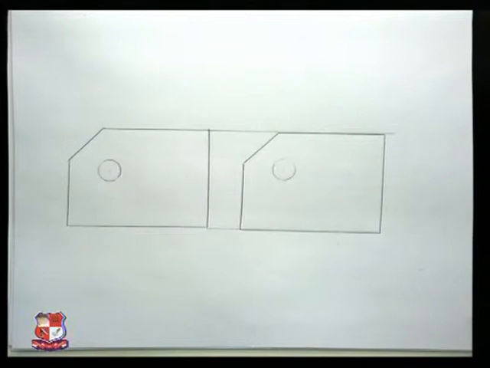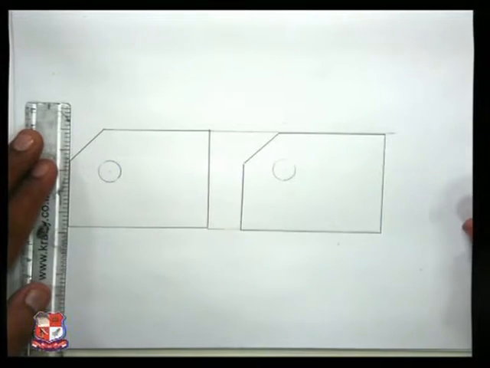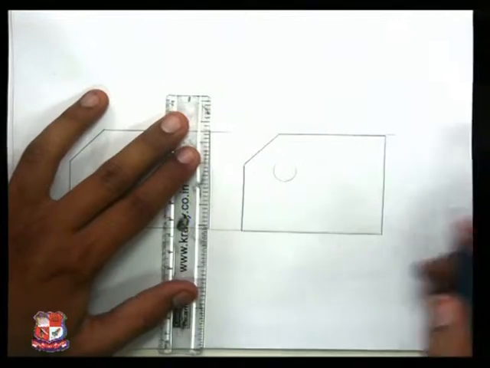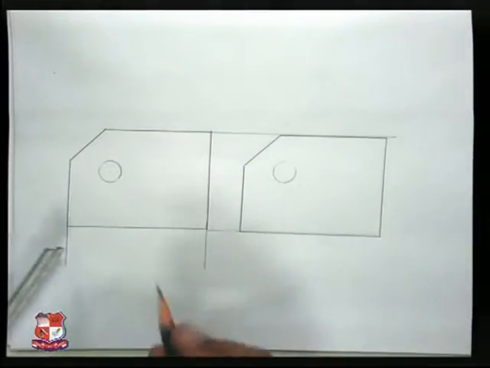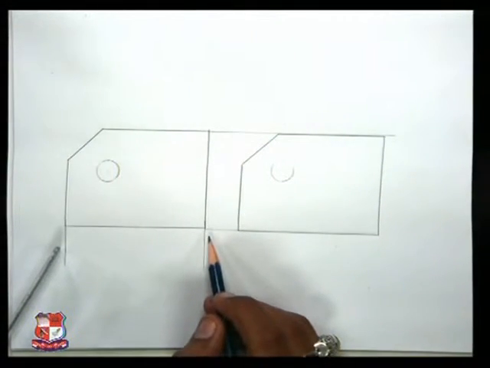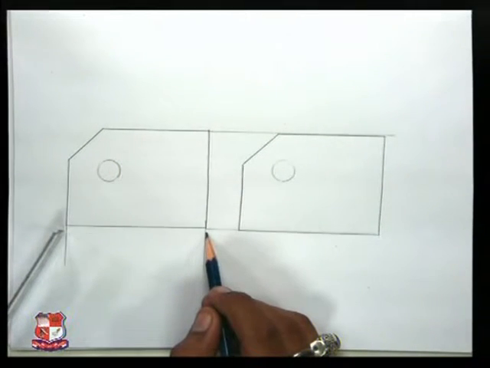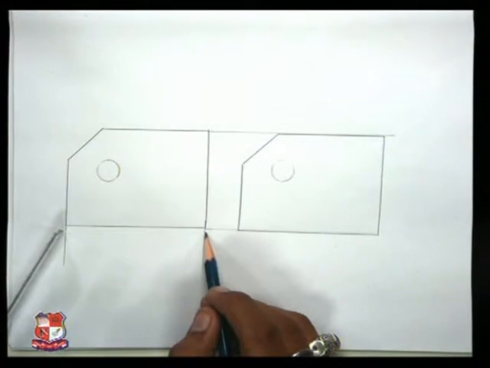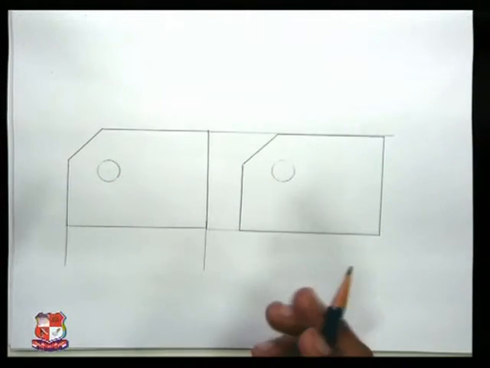First of all, I am going to use the aligned method. Now let's first see how dimensioning can be done. These two lines which I am pointing to indicate the distance which we are measuring, so these lines are called extension lines.